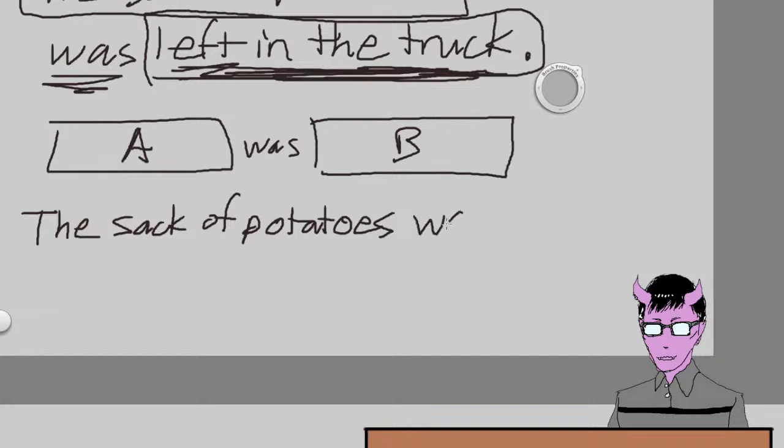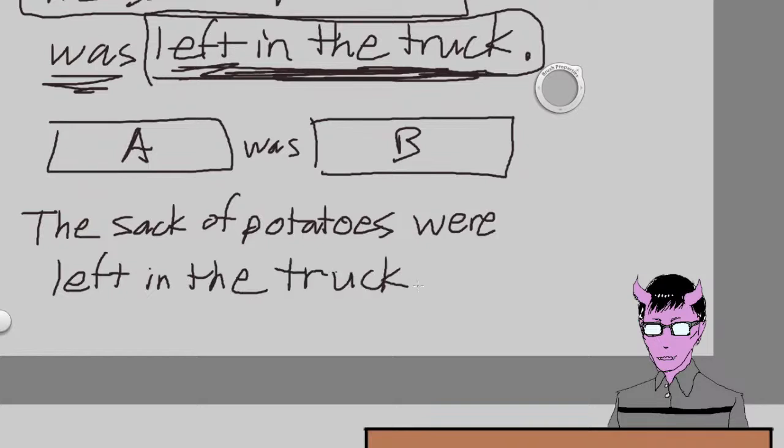I'm sorry. Was, were. All right, so this is the sentence, and this is going to be the underlined portion. And the question asks, is the underlined word in the correct form? A sack of potatoes were left in the truck.